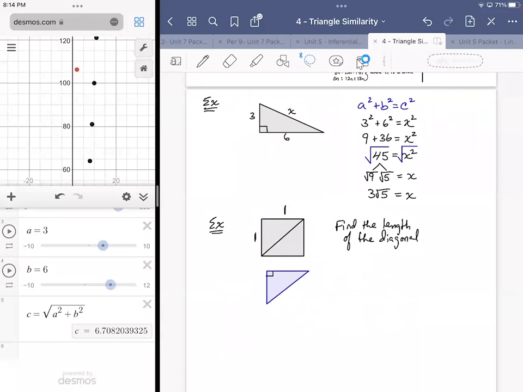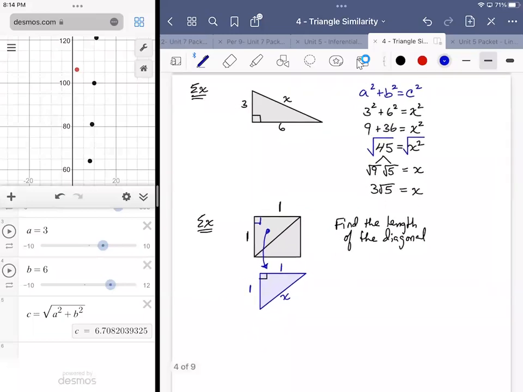This triangle has legs of 1 and 1, because it's this piece that's coming out to give us this triangle. We would need the hypotenuse, call it x. Again, a squared plus b squared is equal to c squared.